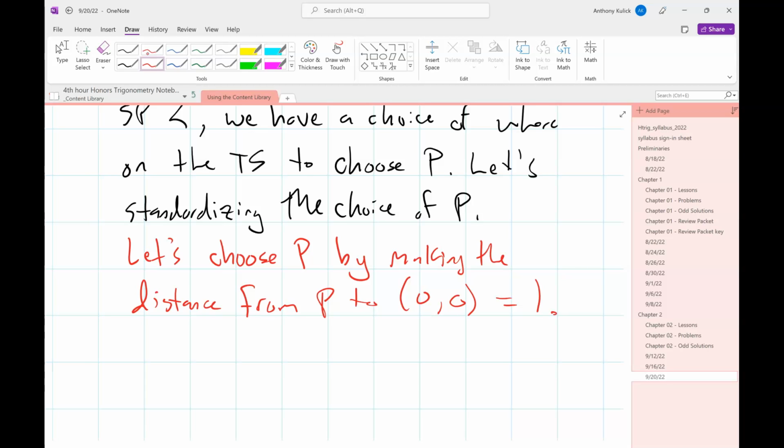So we're going to standardize this by when we choose our P on the terminal side, we're going to choose P such that the distance from P to the origin will be 1.